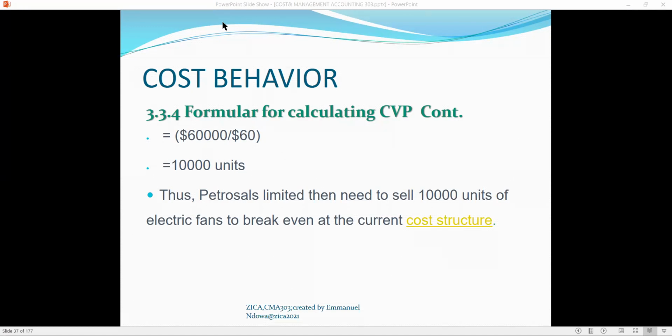From the beginning of the calculation, okay.